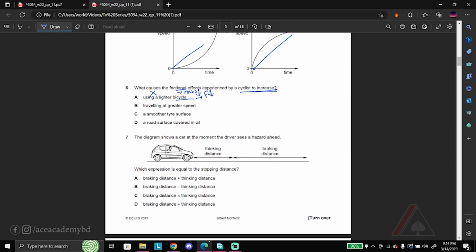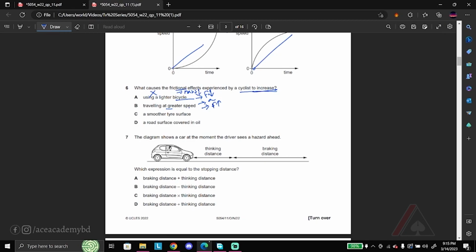So let's see B. B says traveling at a greater speed. So basically, the speed of the bicycle has increased. So there is acceleration, and due to acceleration, there is force. The resultant force on the object also increases, which means the frictional force or the force required to stop the object will increase.